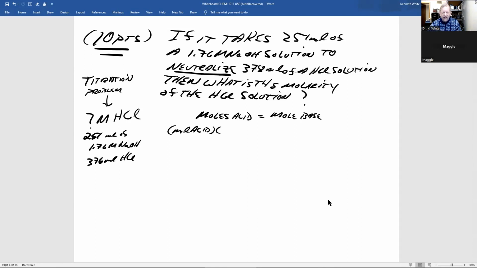Milliliters of acid times the molarity of acid. I could derive and show you how I came up with this, but for this class, just trust Dr. White. Do you? I hope you do. And that's equal to milliliters base times molarity of base.